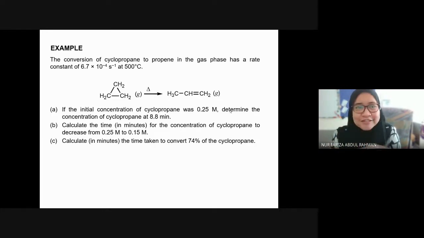You tak tahu. So first thing first, if you read the question and you know that you have to use the integrated rate law, macam mana you tahu? Antaranya bila dia suruh calculate time. Confirm pakai integrated rate law. Okay, but one thing that you have to be very sure of is the order of the reaction because it determines the formula that you will be using later on.